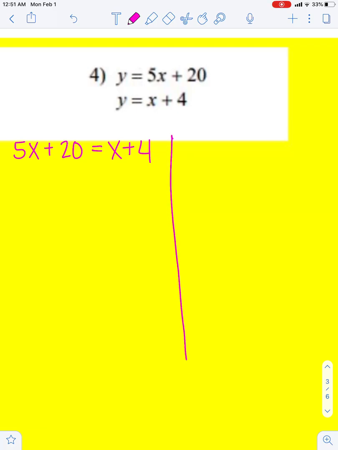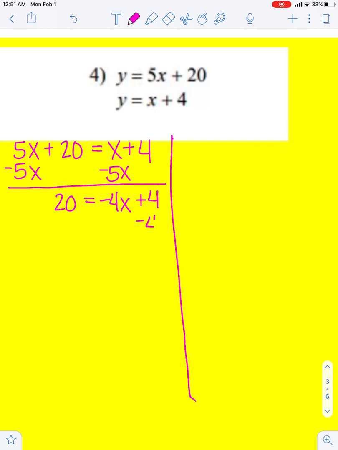So I'm going to go ahead and subtract 5x from both sides, and that gives me 20 is equal to negative 4x plus 4.